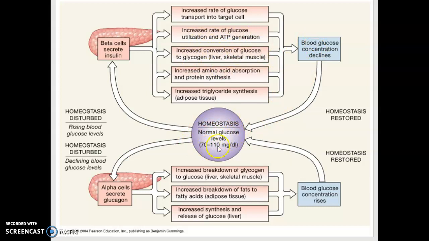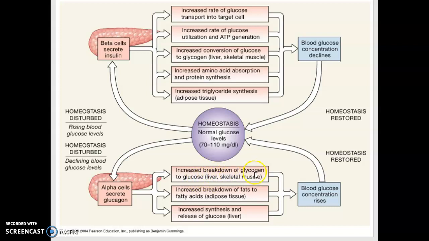Well, what if we get too little insulin? What if it's been a while since we've eaten and we don't have a blood supply of insulin? Well, then what's going to happen is the alpha cells in the pancreatic islets are going to detect that, and they're going to release a hormone called glucagon. Now, just like this was anabolic, this is going to do a breakdown.